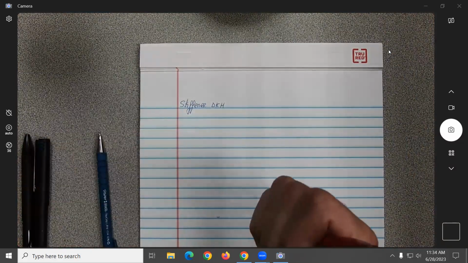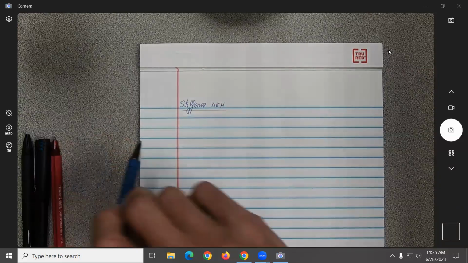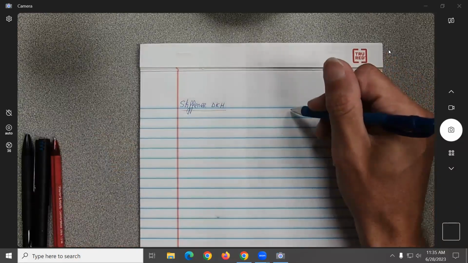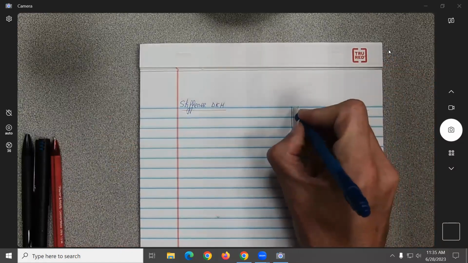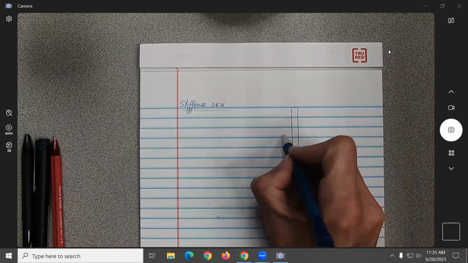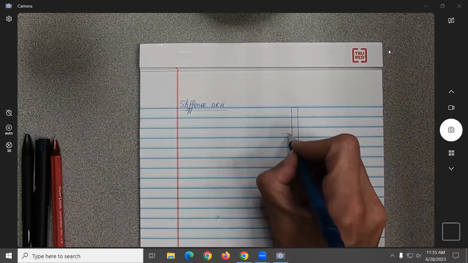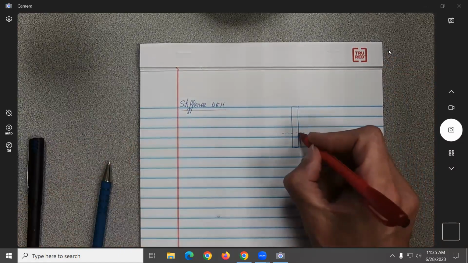DKH. Okay, so that's the stiffener. It's always the same procedure. So I think that's the one that is cut over here where the load is applied.